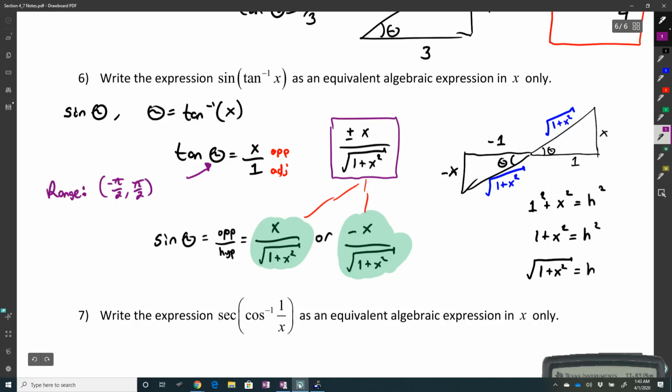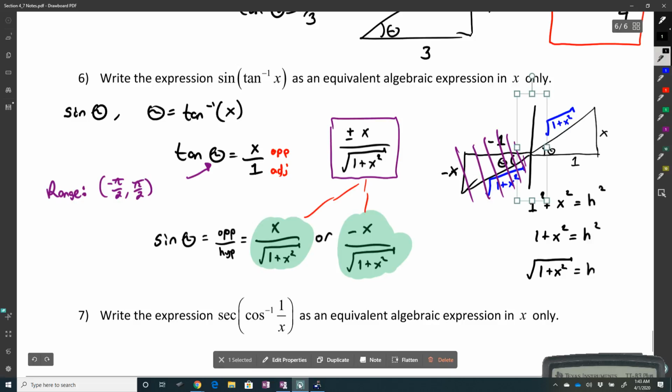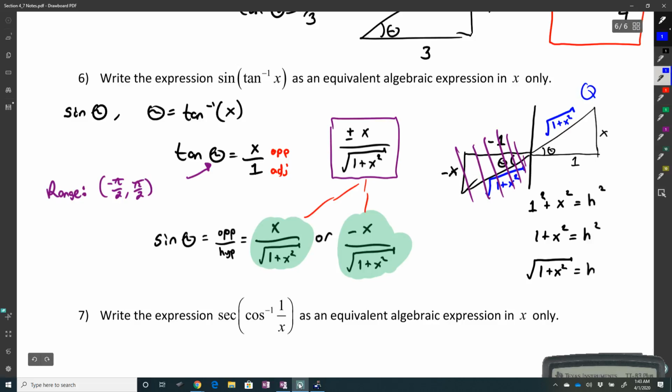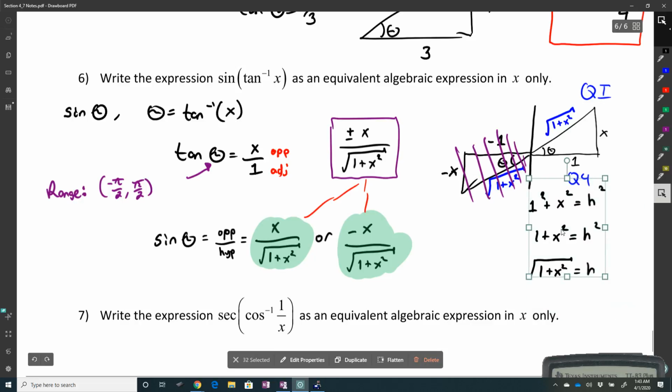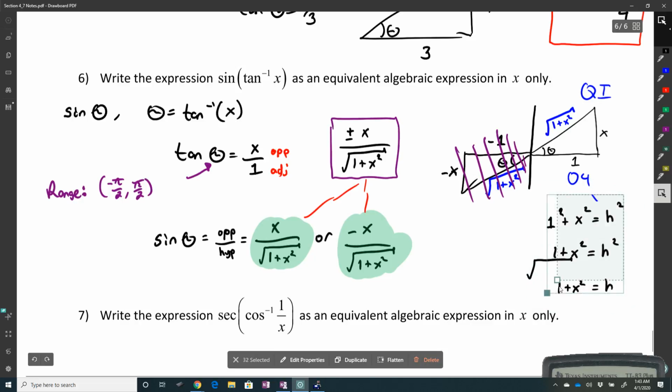That means that this solution actually couldn't exist, because that's not within the right range. So here is the axis. And so my answer can only be in quadrant 1 or quadrant 4. And there's nothing in quadrant 4. So that eliminates the negative answer. I had a feeling something was wrong, and I should have trusted my gut.